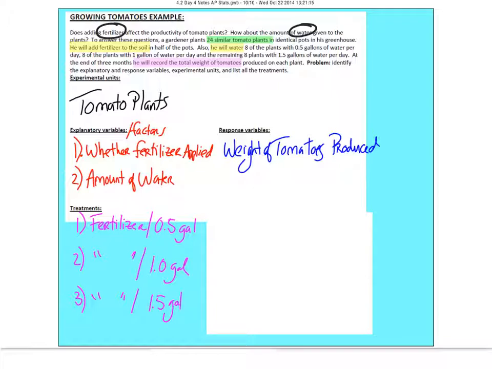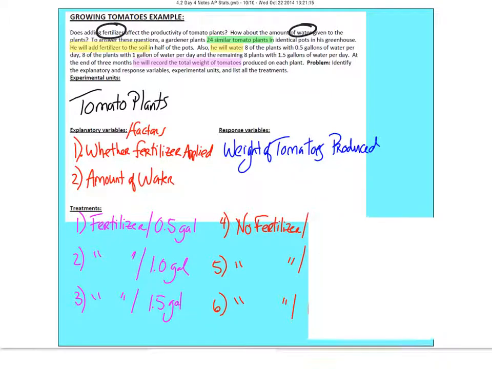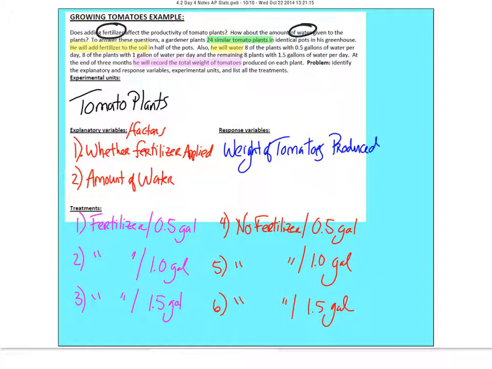So there's three treatments right there with having different levels. The other treatment option is what if there's no fertilizer on the plants, but you could still have the different watering options of a half a gallon, 1 gallon, and 1.5. Based on that, we're going to see that there are actually 6 different treatments to this particular scenario. So we have 2 factors, one at 2 levels and one at 3 levels, which gives us the 6 treatments.